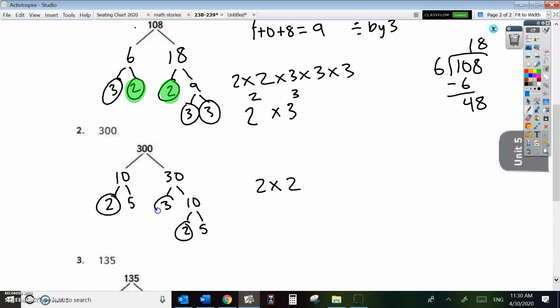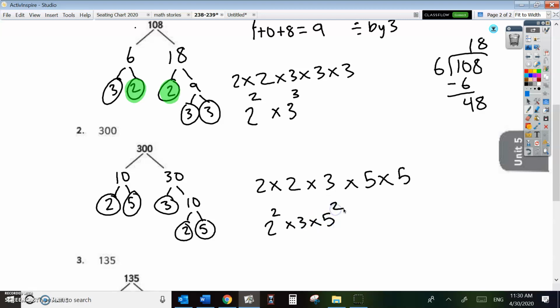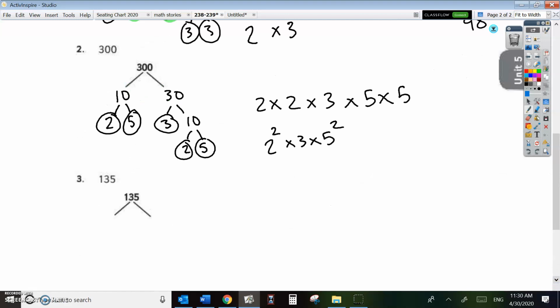And 3's, there's only one 3, and there's two 5's. And then again, you can write that. Because there's two 2's, you use an exponent of 2. There's only one 3, and there's two 5's. So those are both ways to write prime factorization for 300.